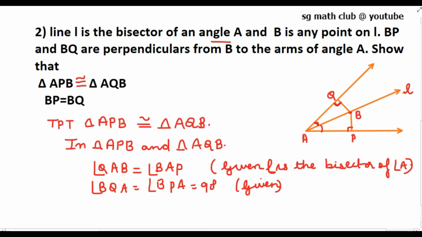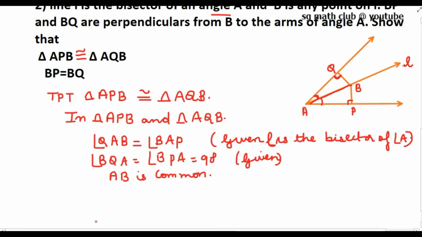We can see one side is common. So I can write AB is common for both the triangles. So AB is equal to AB. Now these two triangles are congruent by AAS congruence rule.